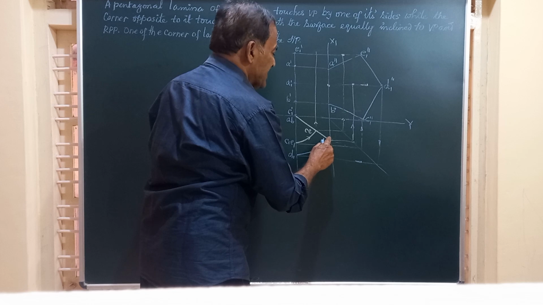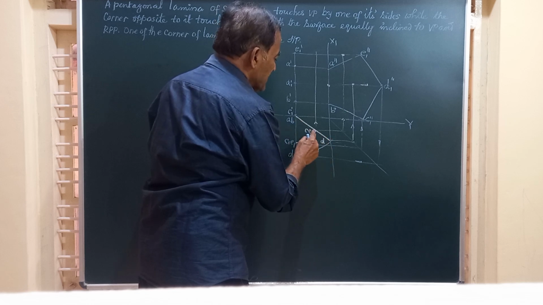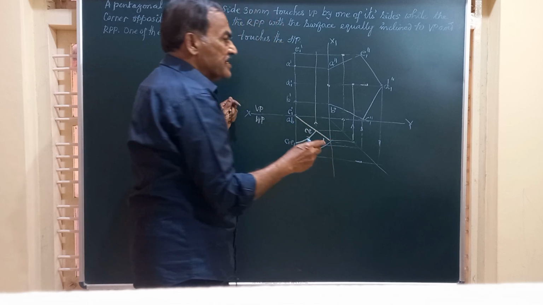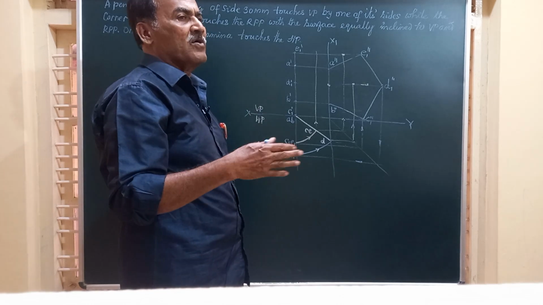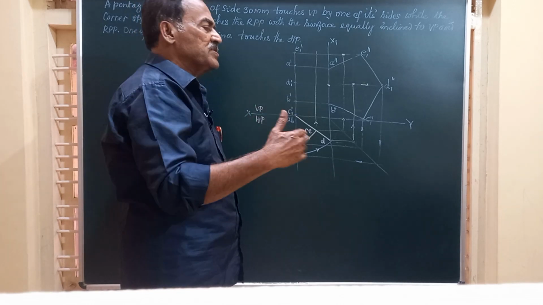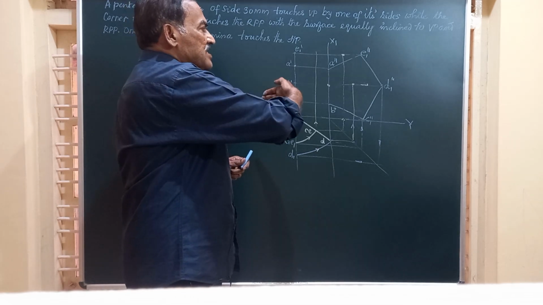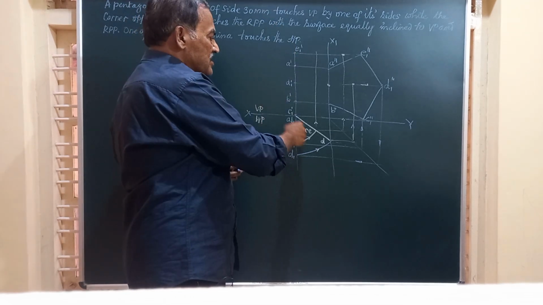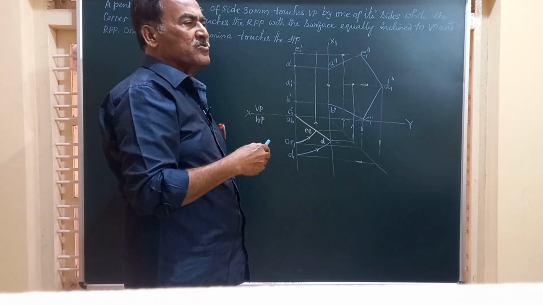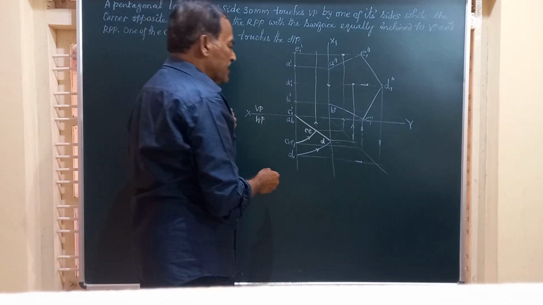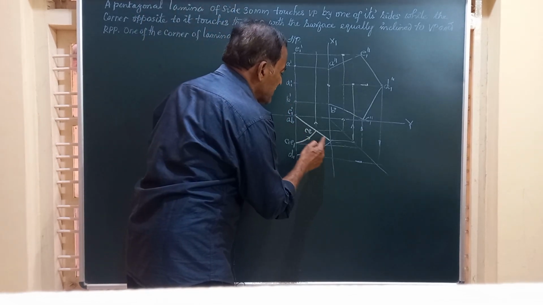Say this is the point D. So ABCED will represent the final top view of the lamina, because I have told you in the beginning of the session that it is going to be seen as a line in the top view, and in the front view it is going to become a distorted pentagon. Friends, this is the final top view.